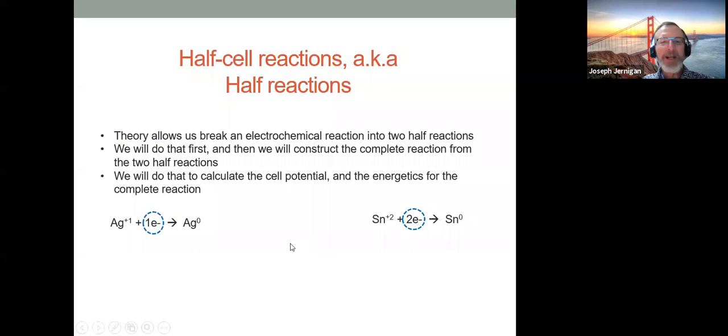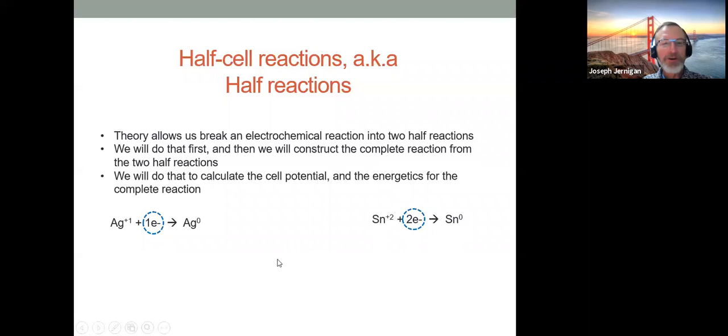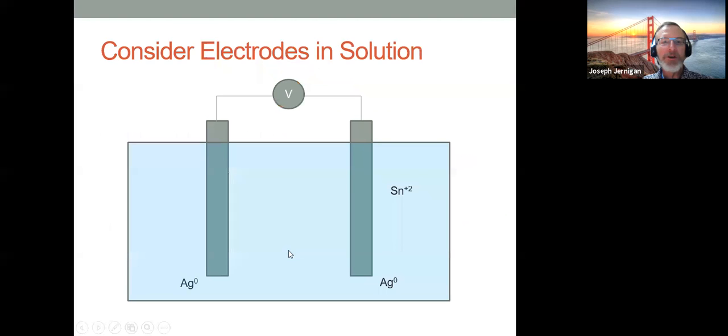Well, yeah, exactly. That's exactly right. You're going to reduce 2 silver ions for every tin atom, okay? And that gets to the fact that this is a very quantitative endeavor here, okay?